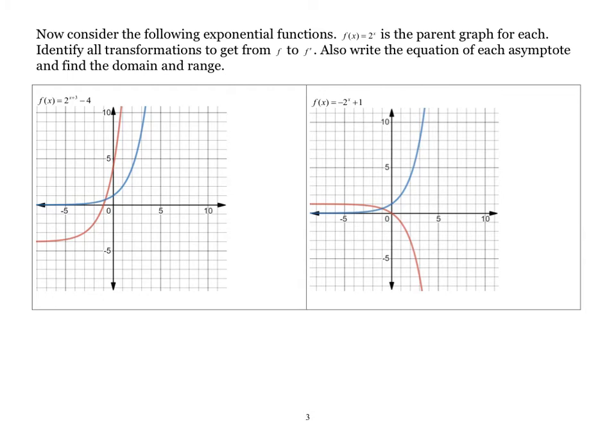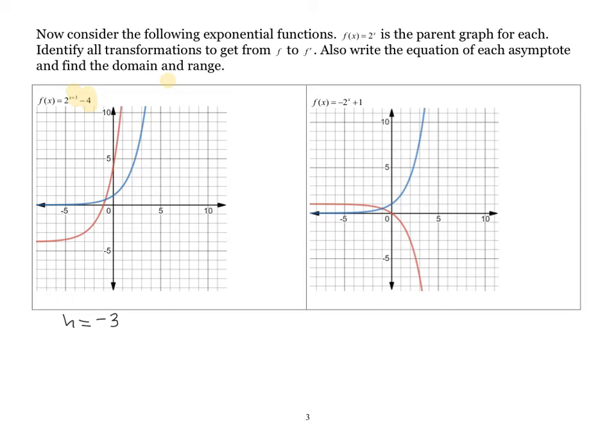So let's look at another example here. For this graph, we are going to do the same thing, but I need to identify what I have here. I see I have h and I have k. I can see that h is equal to -3.